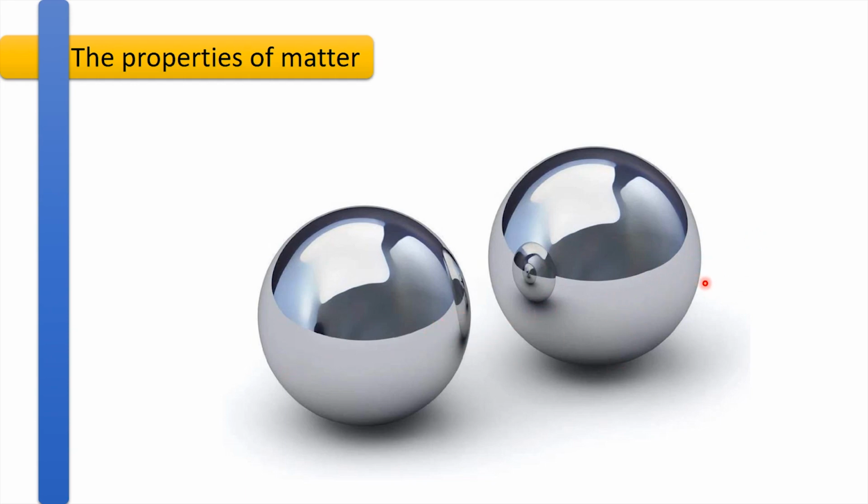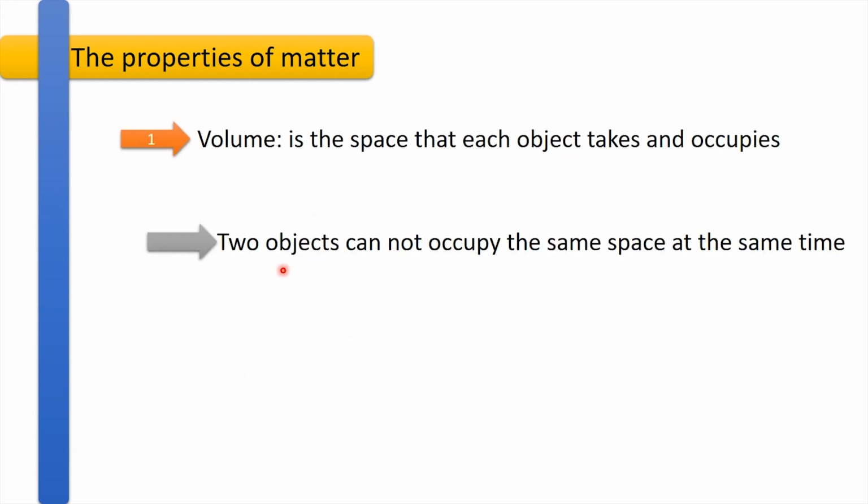Each one has its own space and cannot share it with the other ball at the same time. So each object has its own space, and two objects cannot occupy the same space at the same time. So the volume is the space that each object takes and occupies.